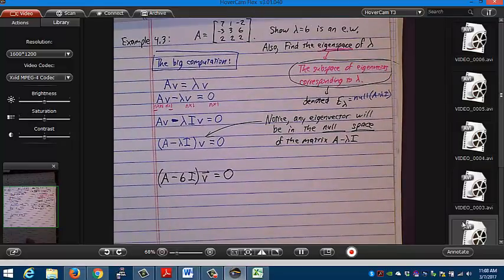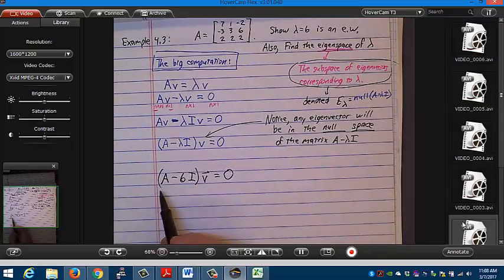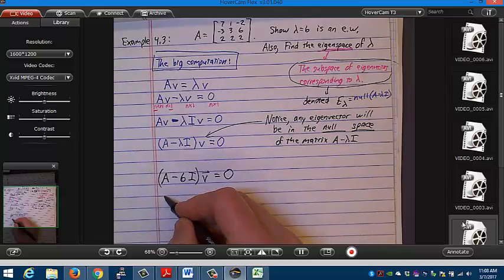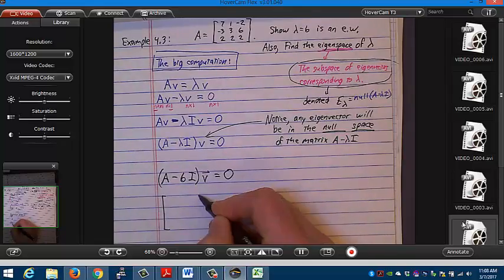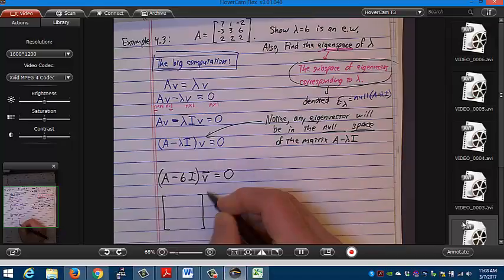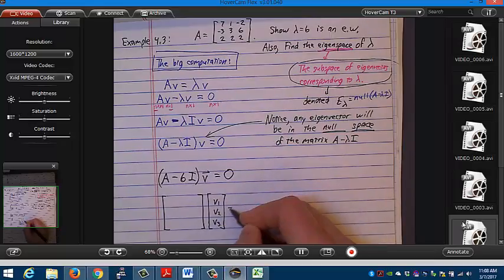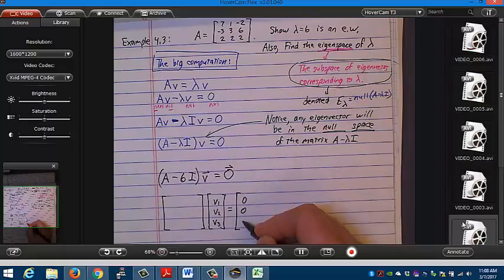Now, one question you might ask is, what does this matrix look like? A minus 6I. Well, I'm going to write it, and then V I'll just write as V1, V2, V3. And then 0 vector I'll just write as 0. In this case, these are 3 by 1 vectors, right?